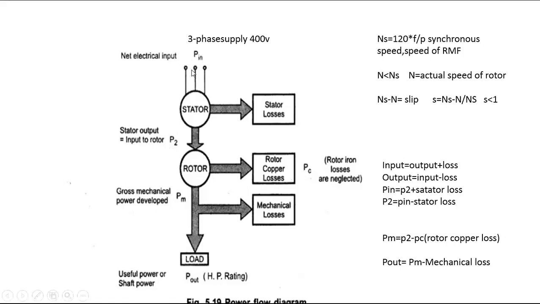When three-phase supply is applied to the stator, the rotating magnetic field is created. The rotating magnetic field is now represented as the power P2, the power input to the rotor.